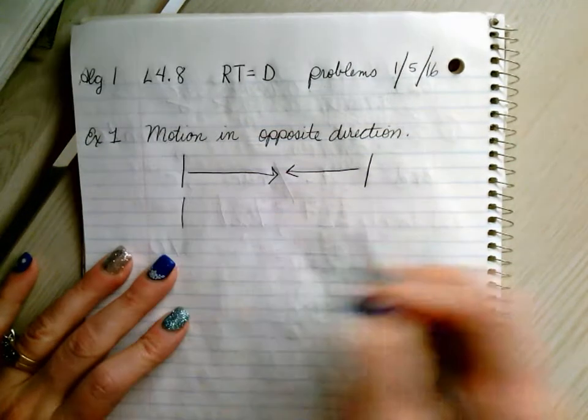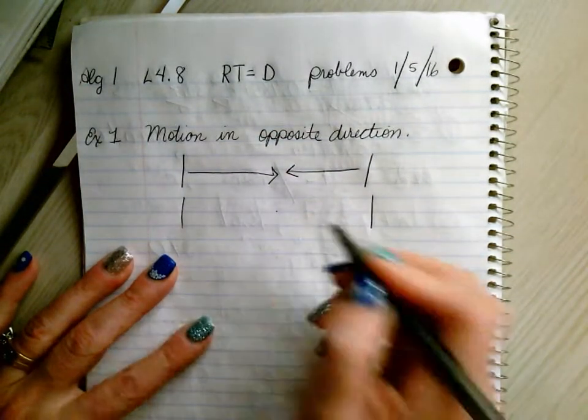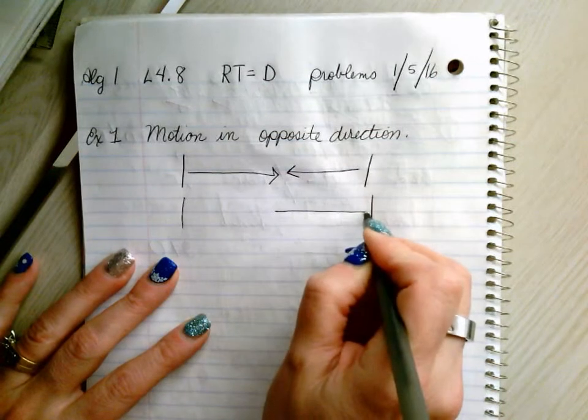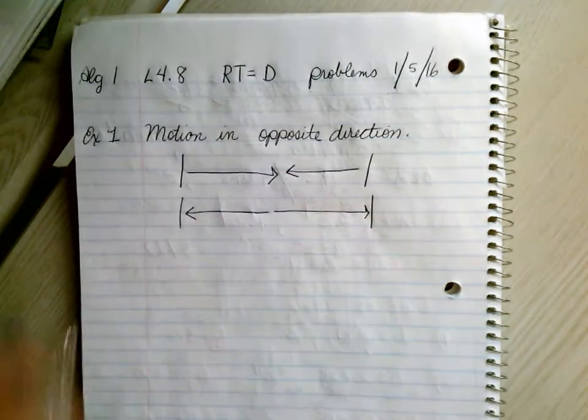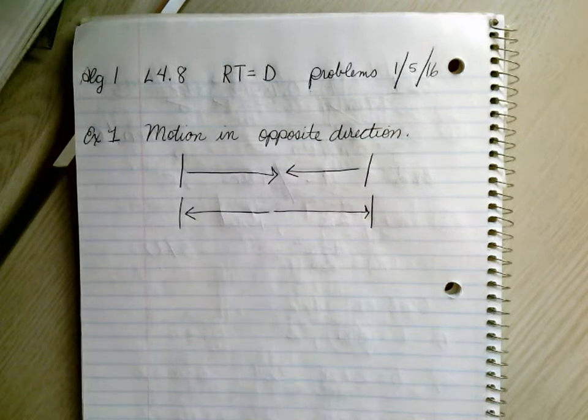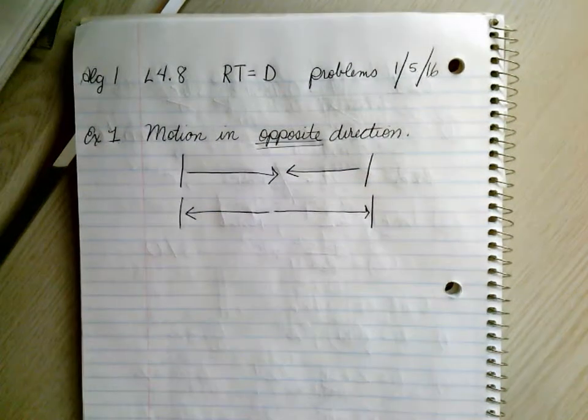Another scenario might be you both start at a certain location and head home or wherever, okay? But in any case, it's opposite direction. The 2 things being compared are traveling in the opposite direction of one another.